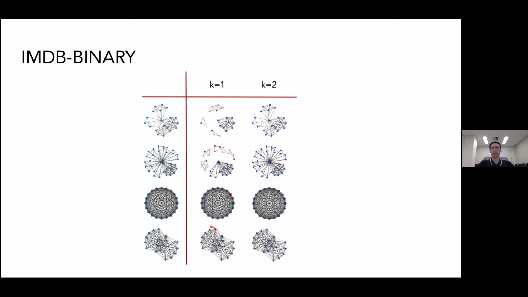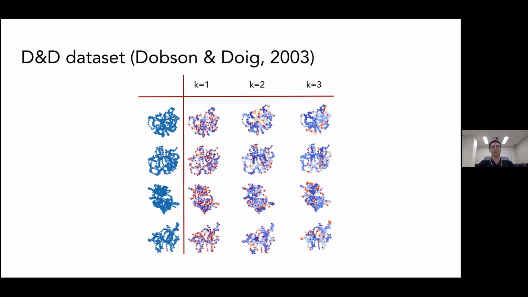And for some, they are still just 1 hop away. And only for a few graphs, we're actually seeing some kind of change caused by this fragmentation. And this immediately pretty much tells us that this data set doesn't really have any long-range interactions, because the diameter of the graphs is so small.